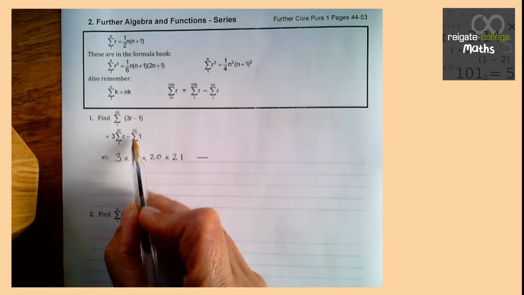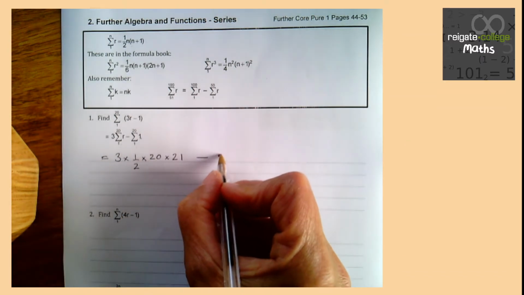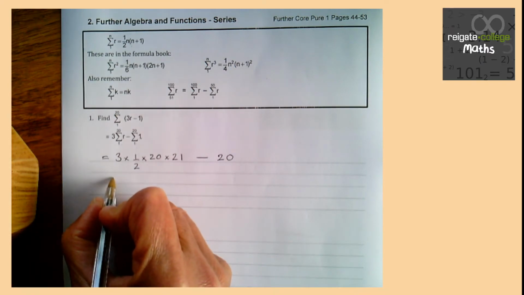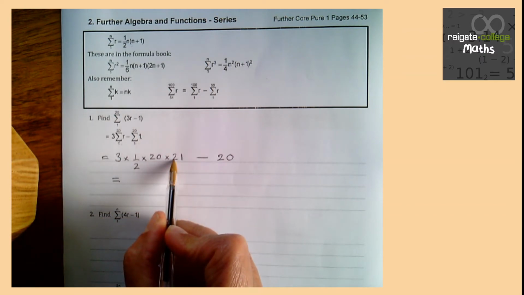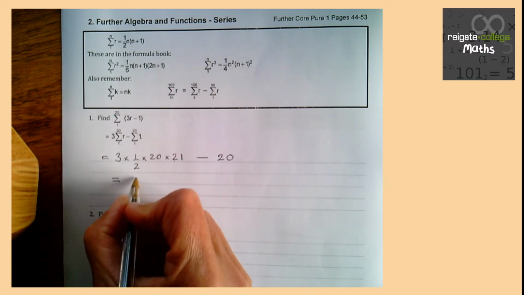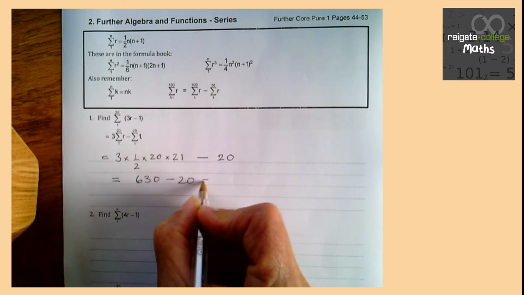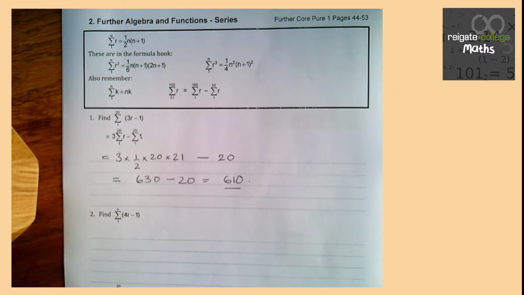Minus, now this is the sum of 1 from r being 1 up to 20, so that's 20 lots of 1, minus 20. Working this out, 3 times 21 is 63, multiplied by 10, so it's 630 minus 20, which is 610. Or use your calculator.